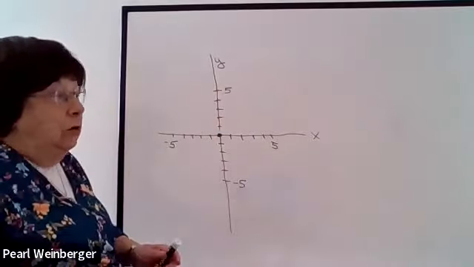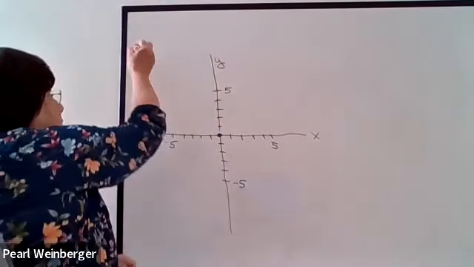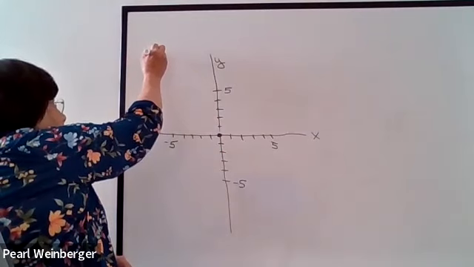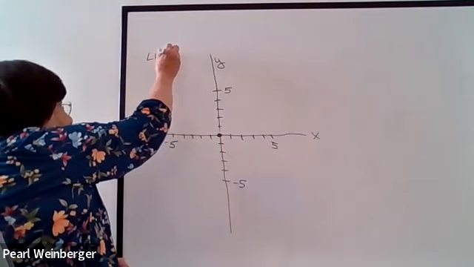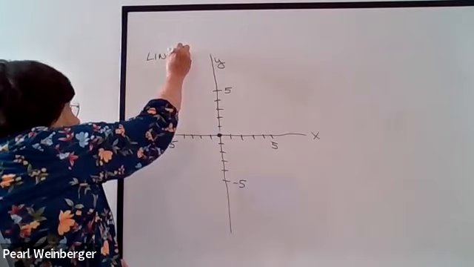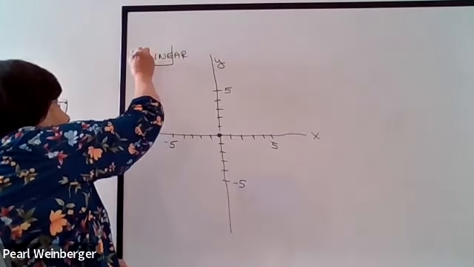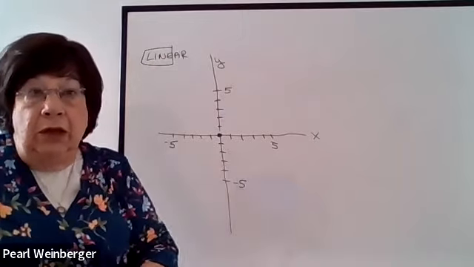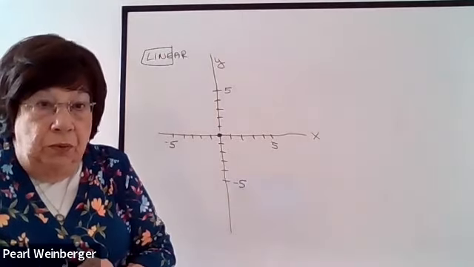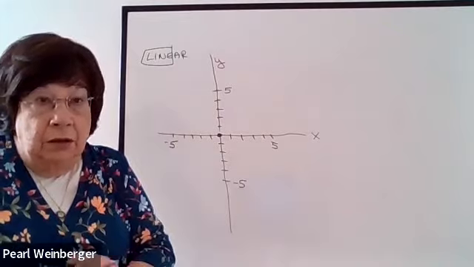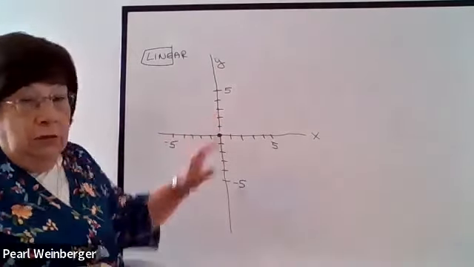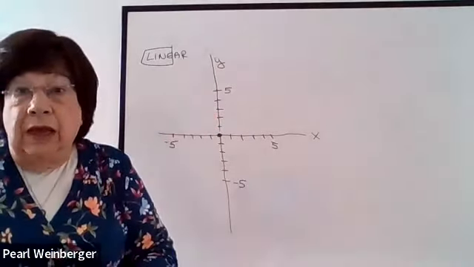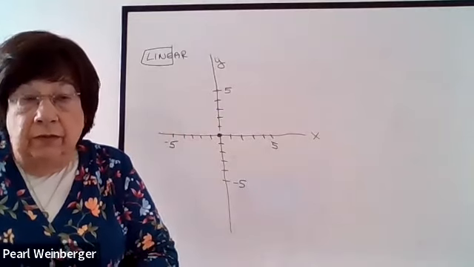This is called graphing of linear equations. And the key word in the word linear is line, because a linear equation, when you graph it on the coordinate system, will give you a straight line.